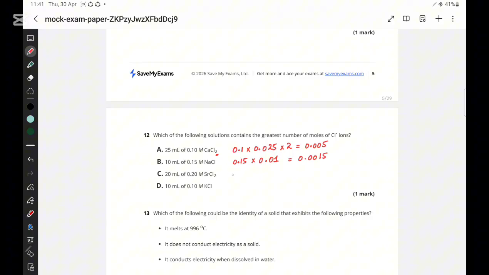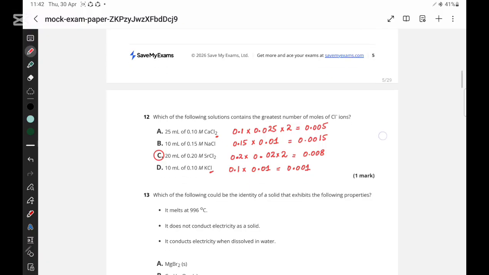For the next one, again concentration times the volume, that is 0.02, times the number of ions, which are two chloride ions, so I am multiplying by 2, so that comes out to be 0.008. For the next one, 0.1, which is concentration, times the volume, which is 0.01, and there is only one chloride ion, so I am not going to multiply it, so it is 0.001, and the answer comes out to be C.